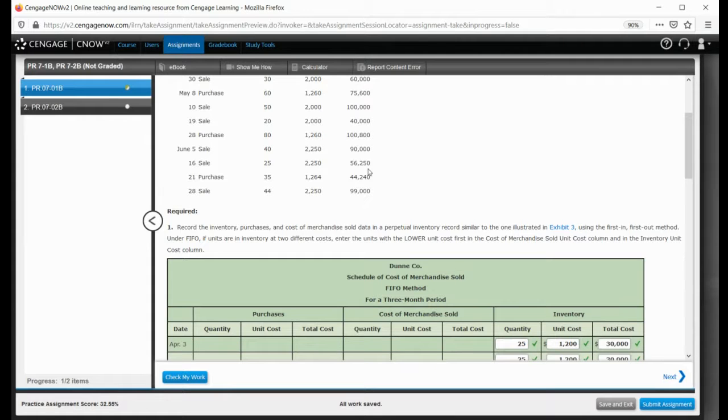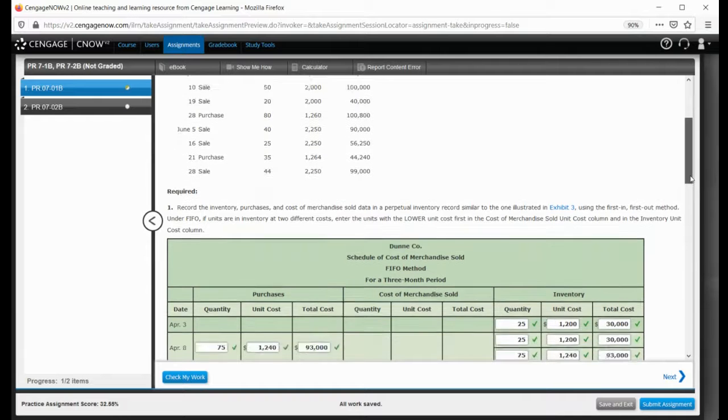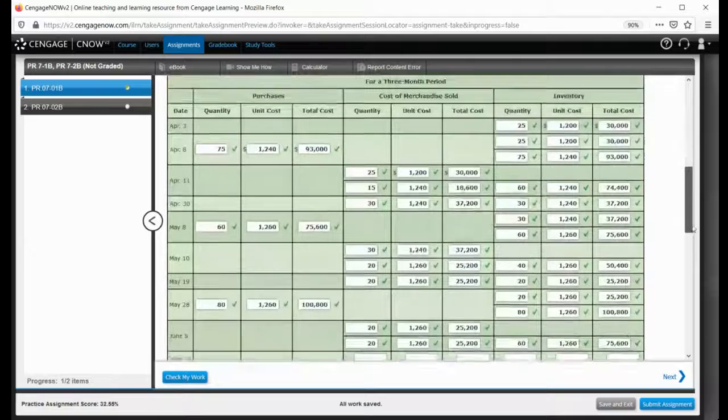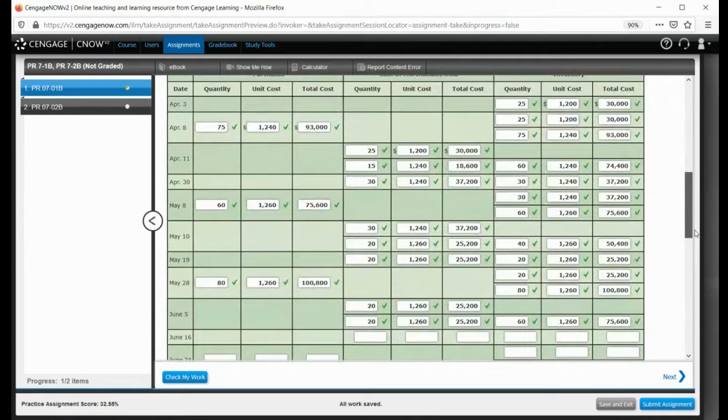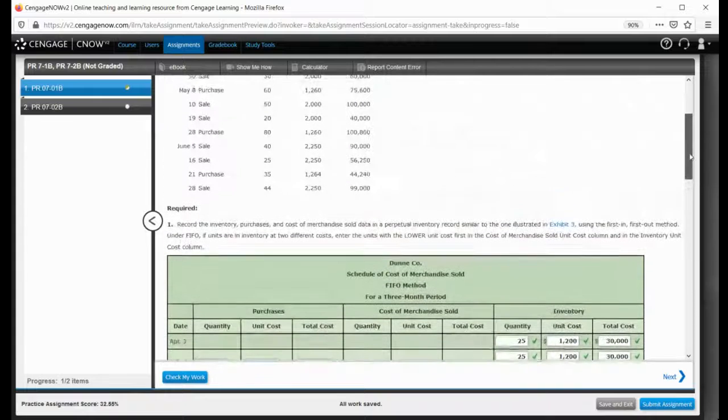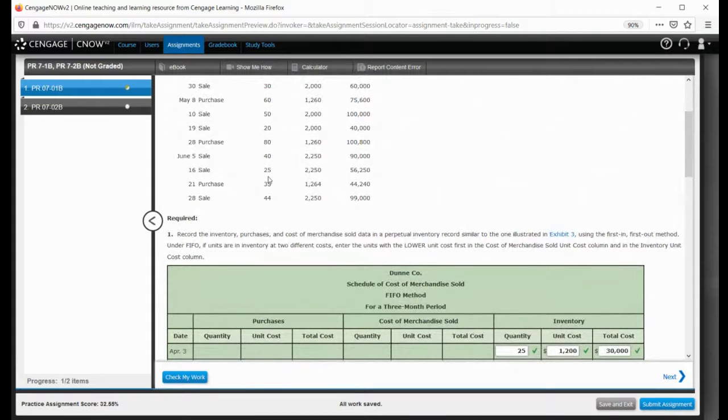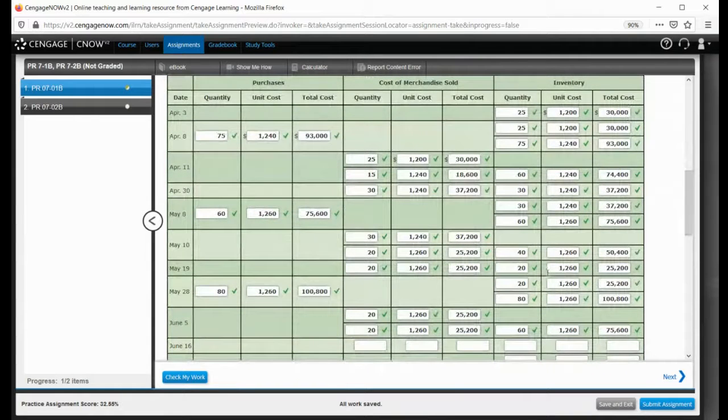The second transaction that would go in the journal would be a debit to cost of merchandise sold and a credit to merchandise inventory. We don't know what the amount is. We have to figure it on our cost card. So we need to look at the total number of units that we sold. We sold 25 units. The only layer we had to draw from had a cost of $12.60.